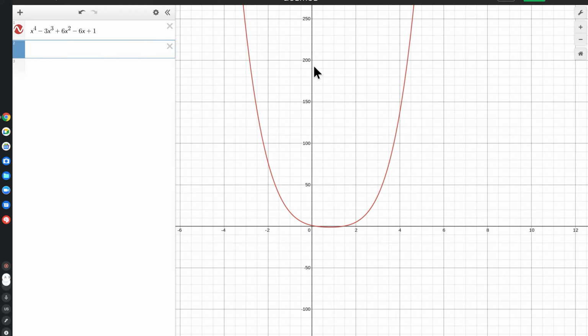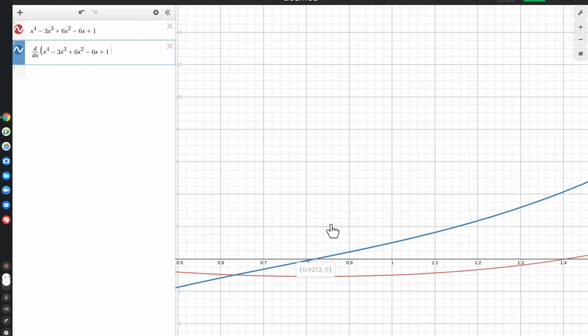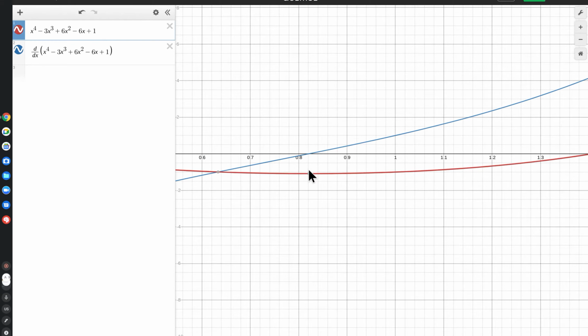So what we can do is take the derivative of this function. Now if we zoom in over here, you can see that at this minimum, the derivative of the function is 0, which means the slope of the function at that point is 0, because that's what the derivative is telling us.